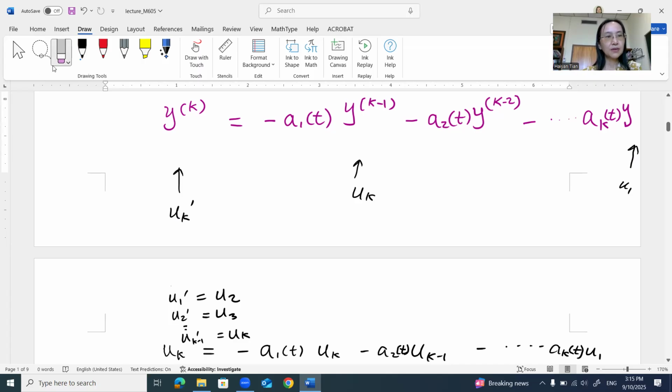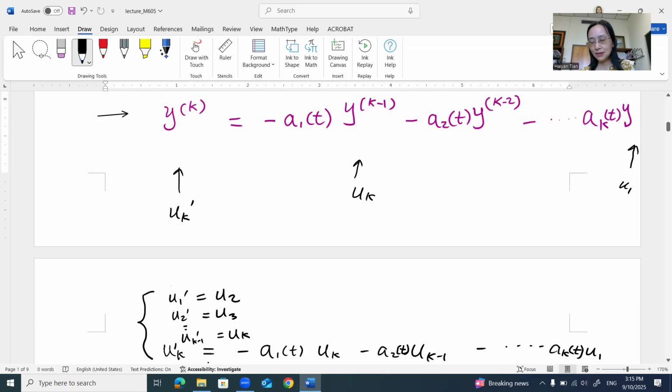So uk's derivative, the last one, is this one. Although it is a first order system, from a single equation of order k, it has become k equations of the first order.